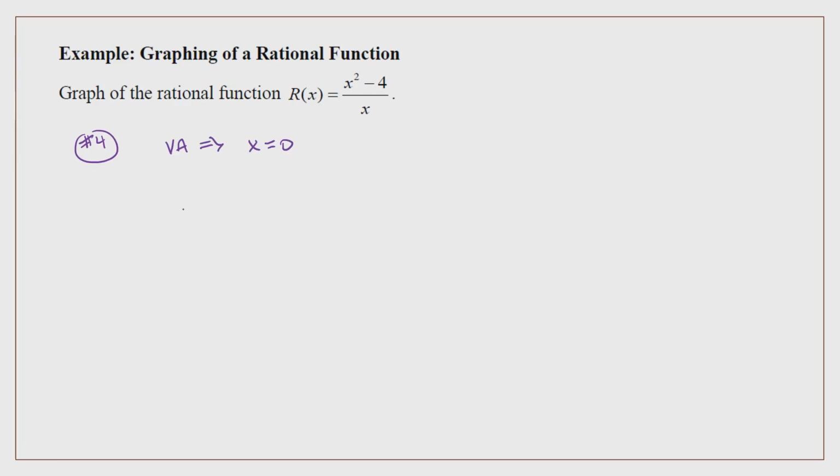Okay. Now the multiplicity of the factor that got us this vertical asymptote is odd because it's 1.